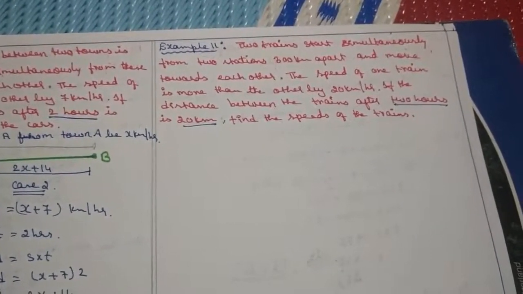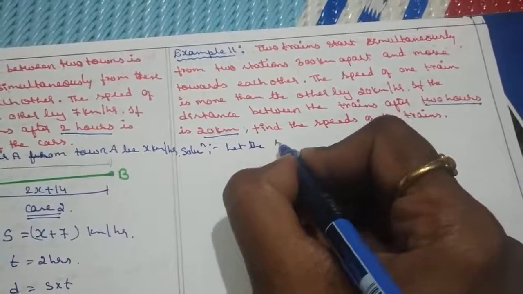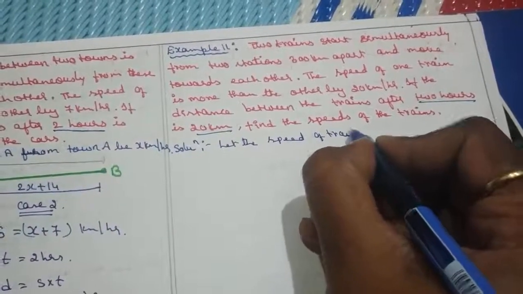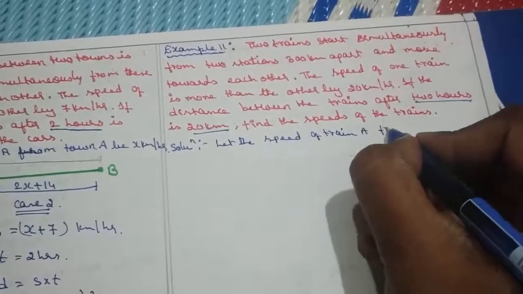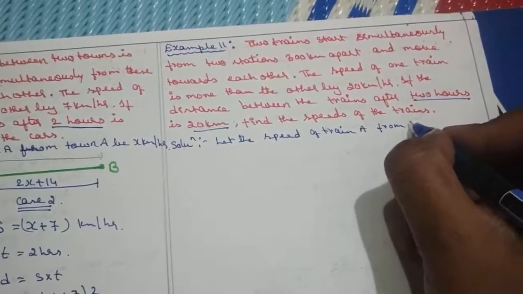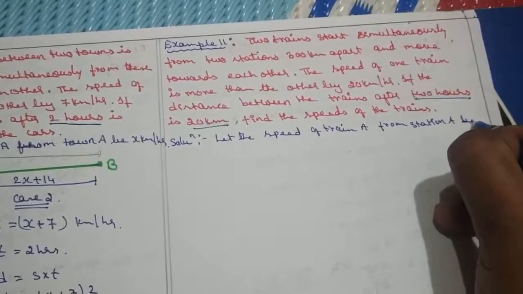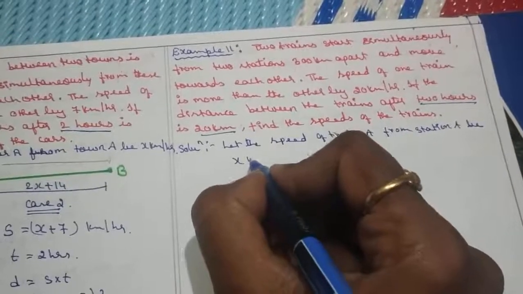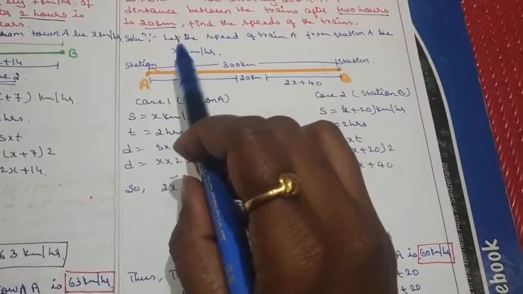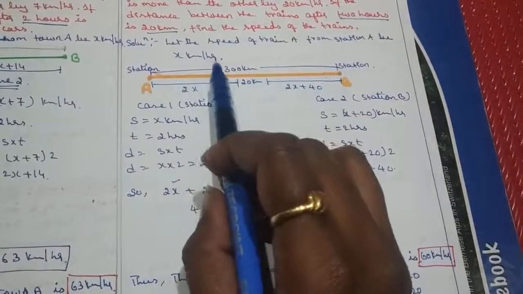Okay, so to solve this question, let the speed of train A from station A be x kilometer per hour.